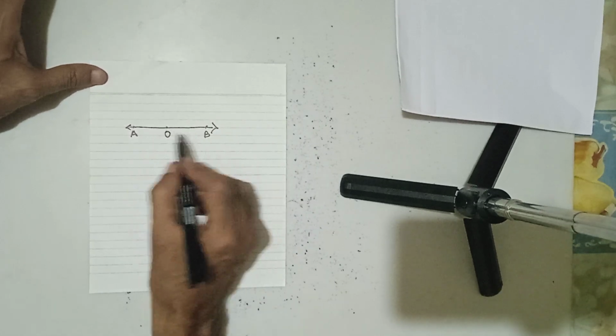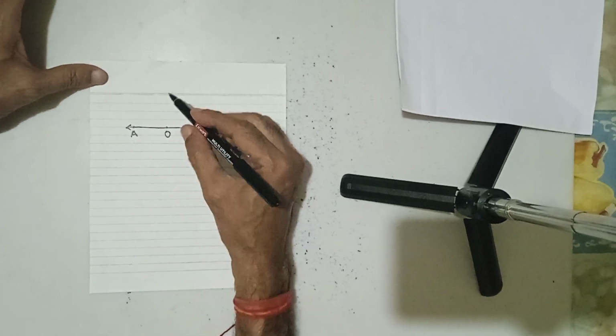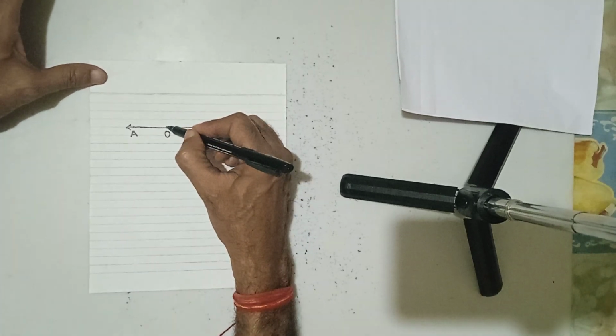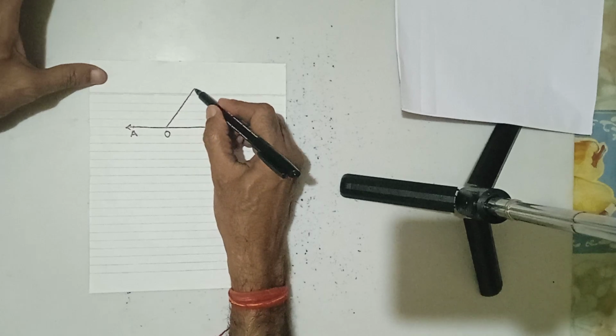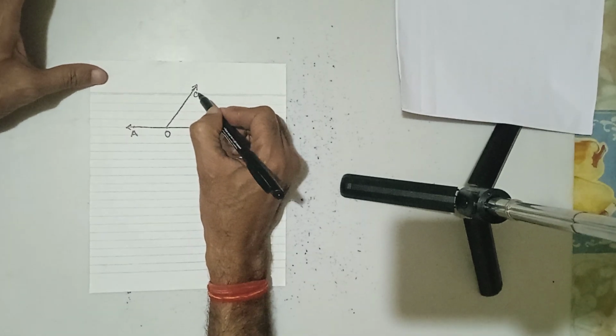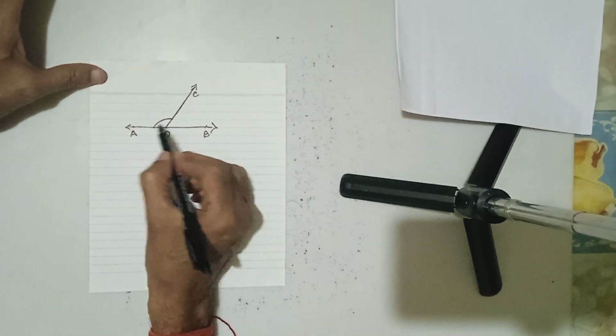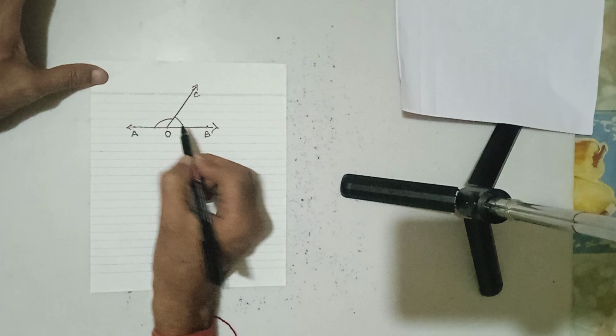The point O can be anywhere, it lies on AB. Now let us draw a line from O to OC. Now here two angles are formed. One angle is this and one angle is this.